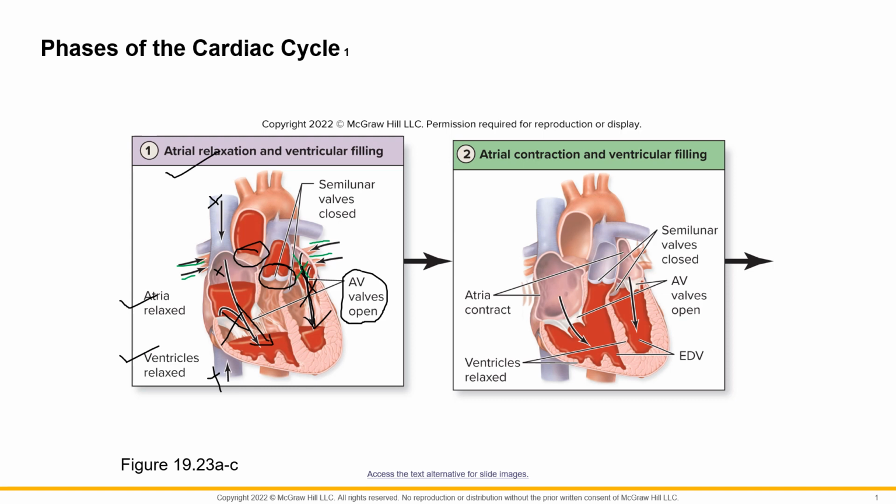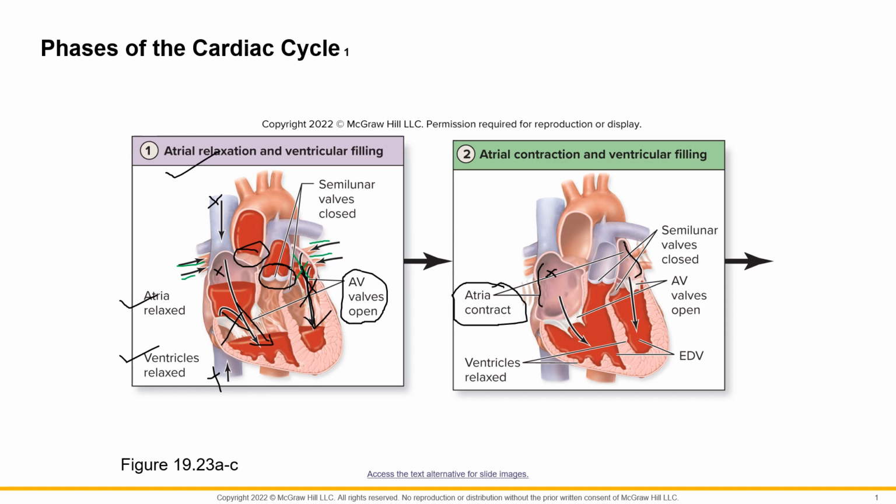Now, briefly after this step, what follows is the depolarization of the sinoatrial node. The depolarization of the SA node will depolarize each of the atria, and as a result, there is atrial contraction or atrial systole.